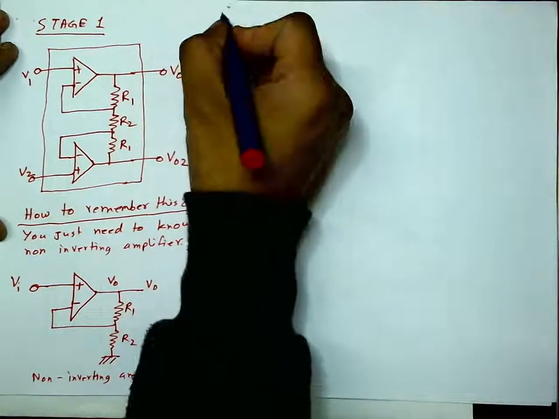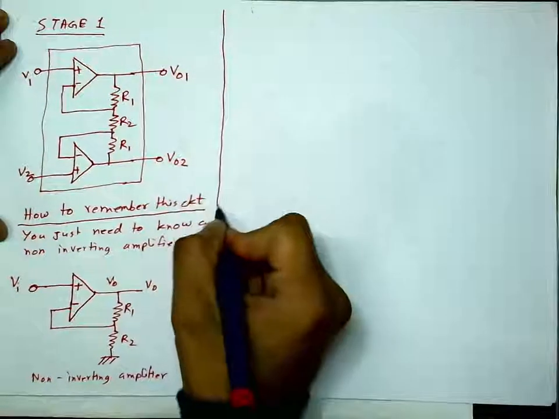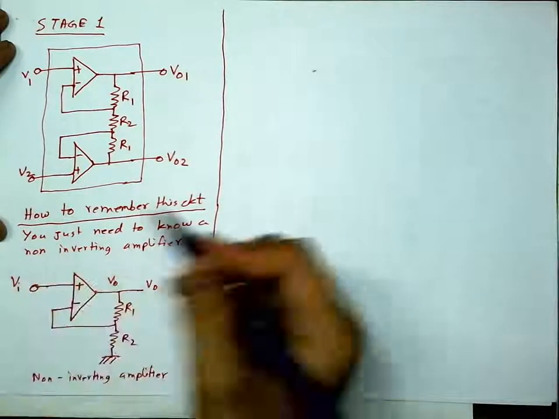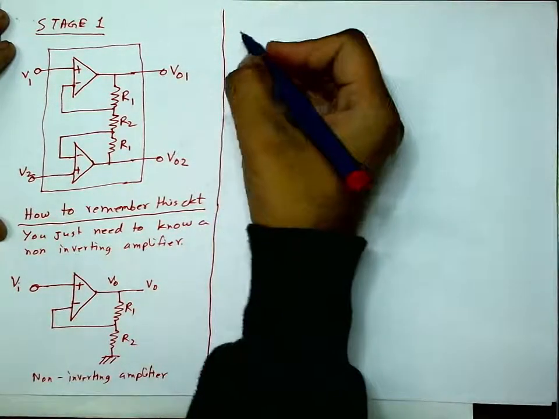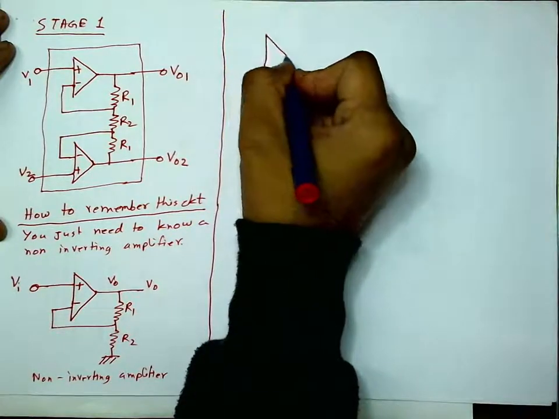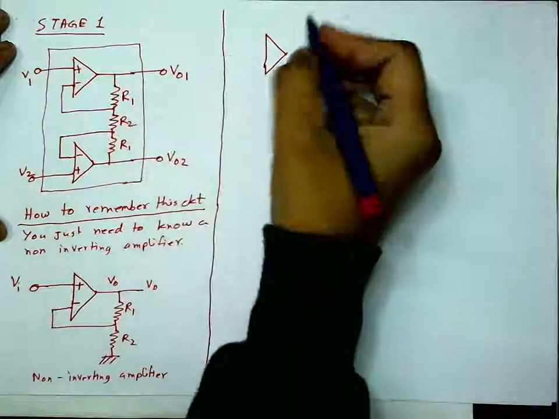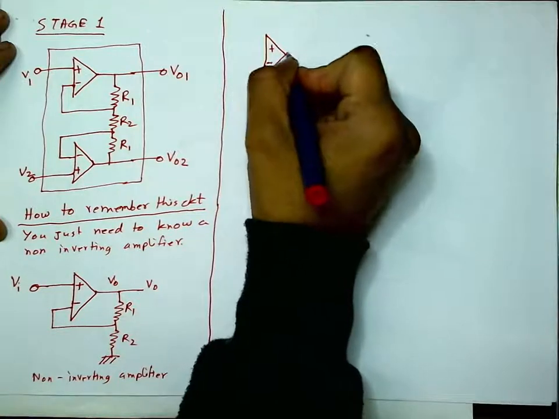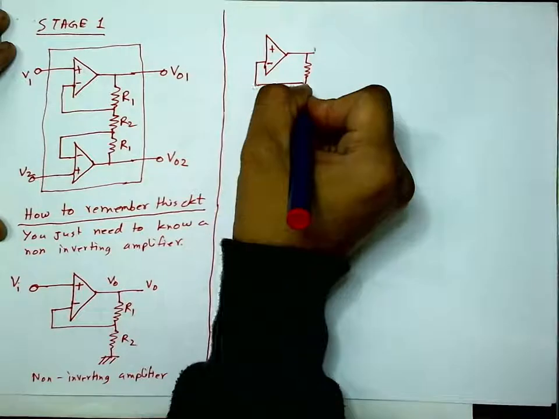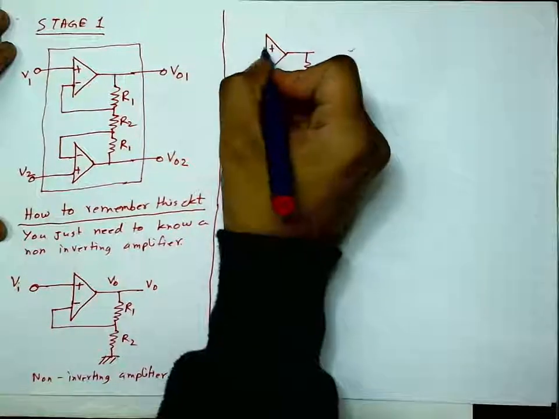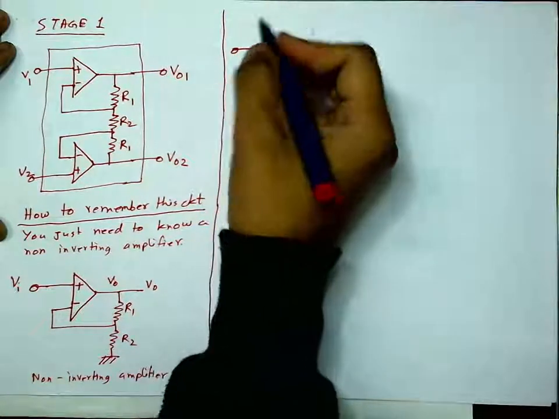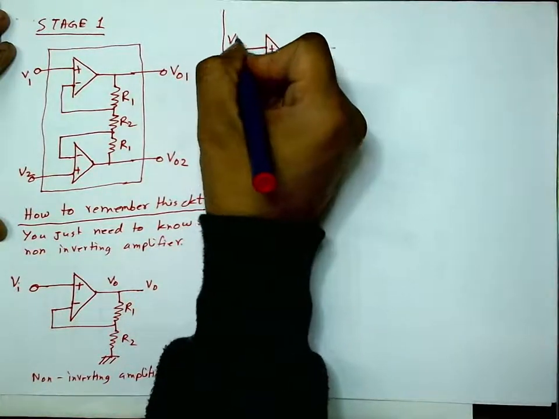Now what you do? You do the following. Draw two non-inverting amplifiers like this. So one is here. I'm just copying this circuit. So this is one non-inverting amplifier, feedback in the negative input terminal. This is the input to this amplifier, call it VI.